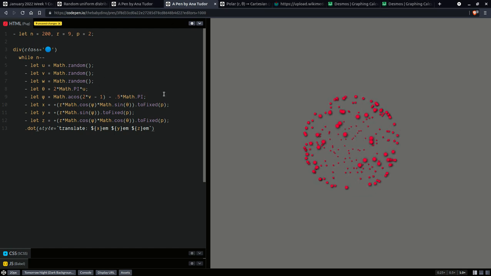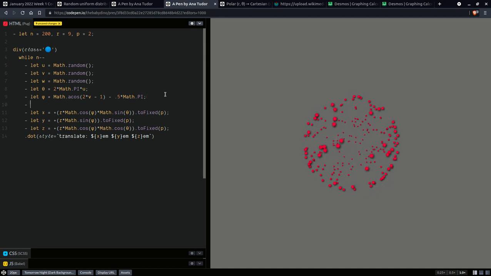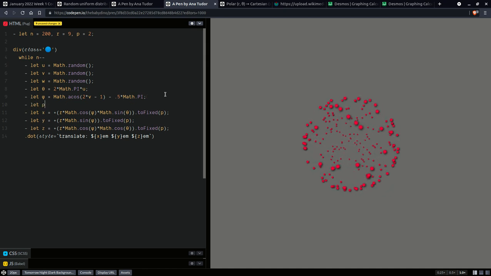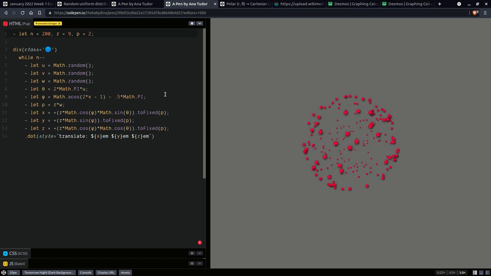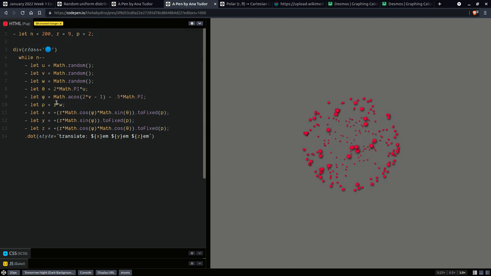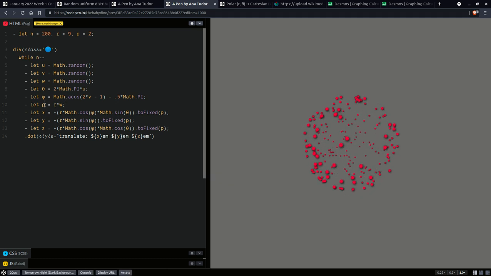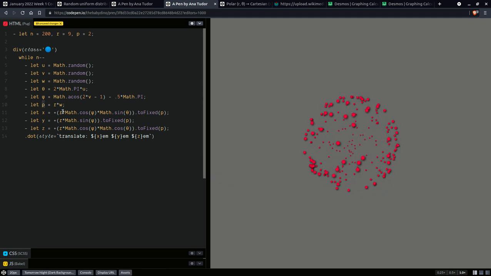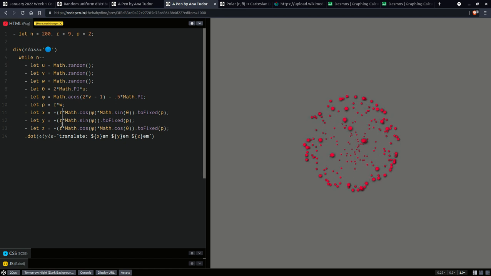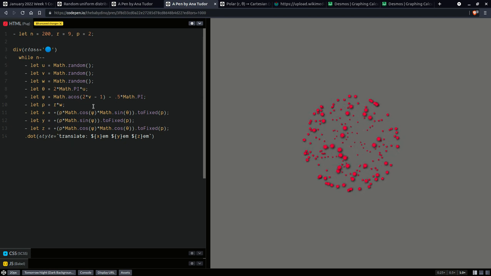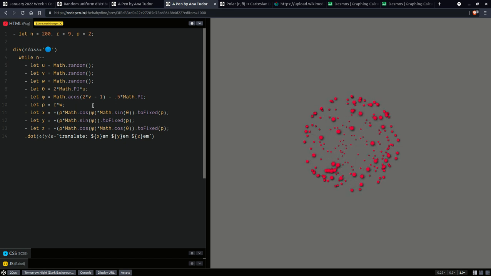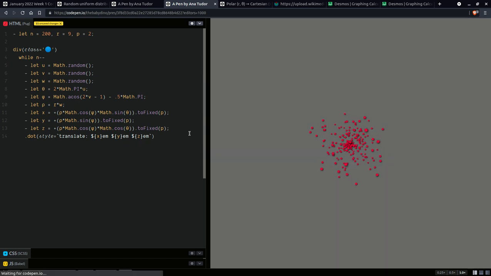So here, this is going to be the radius times W. Okay, so now we are going to use that varying radius that's anywhere between the sphere radius and 0. So let's see it.